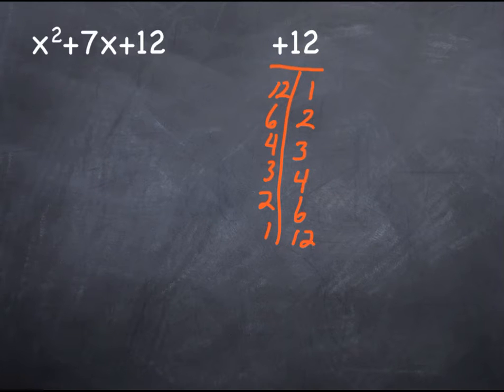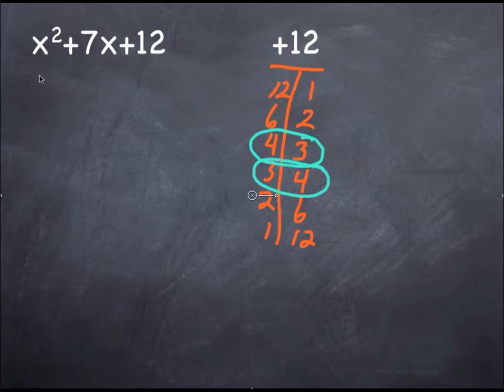Let's examine our factored constant and figure out which factors add up to the coefficient of the middle term. Let's recall that the coefficient is the number in front of the variable, or the constant number being multiplied to the variable. We can see that there are two answers, the 4 times 3 and the 3 times 4. Both answers are acceptable, and you could use either answer.